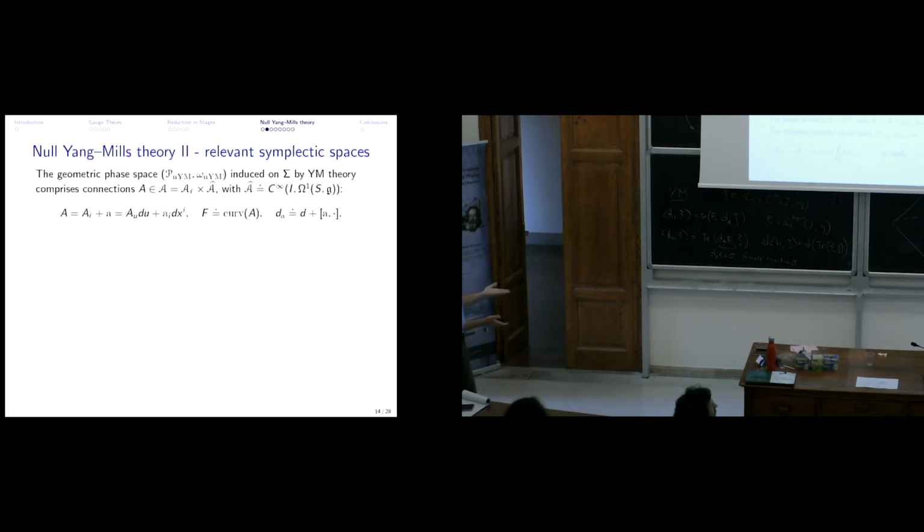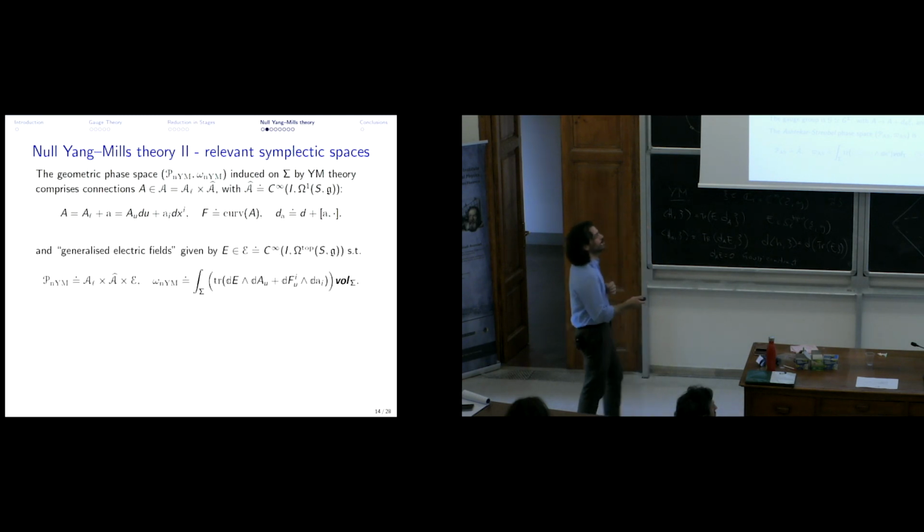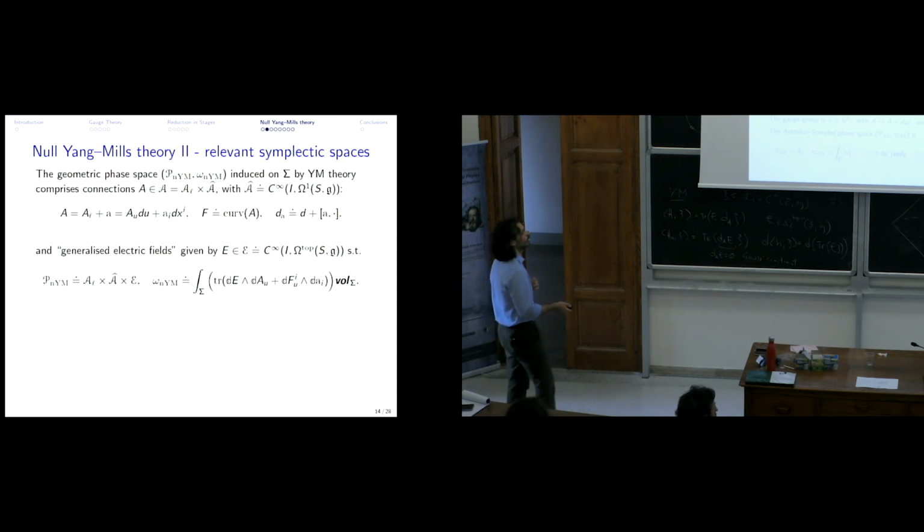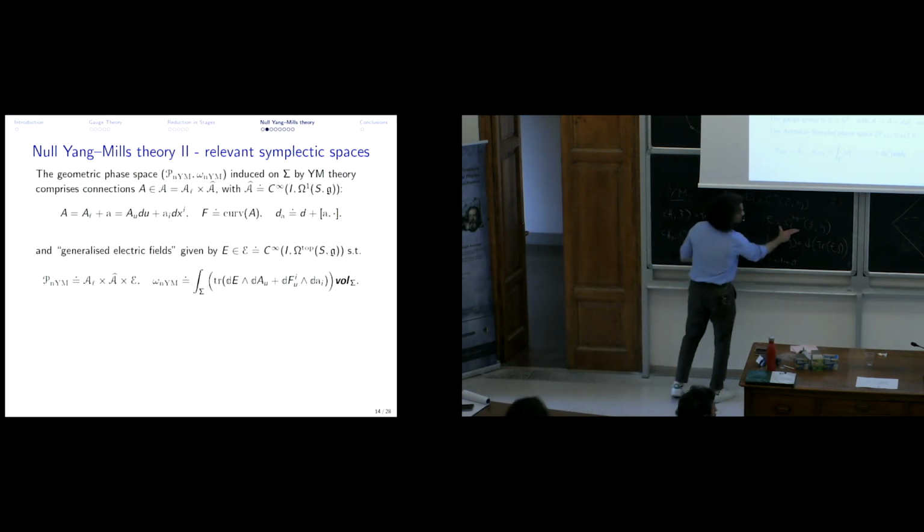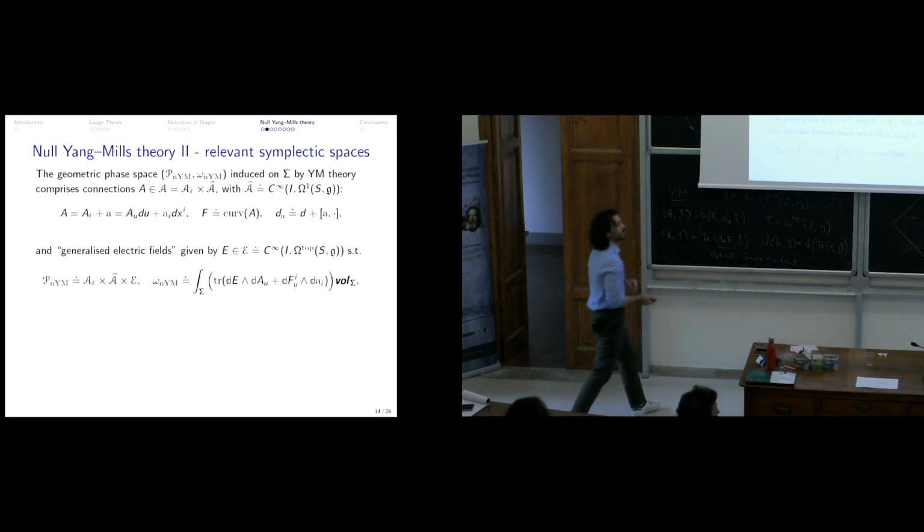We do it from a Hamiltonian point of view, and we define the geometric phase space induced on sigma by Yang-Mills theory as a space of connections, which I split as connections along the interval and something residual, together with generalized electric fields, which are just top minus one forms over sigma, exactly in this sense.